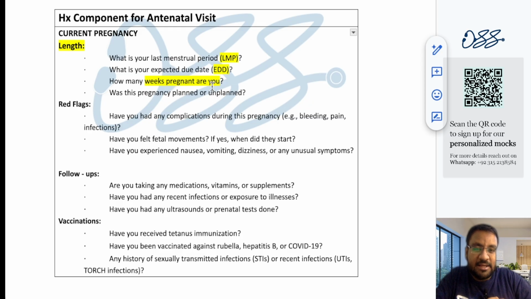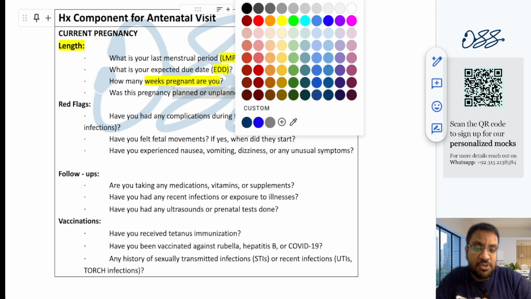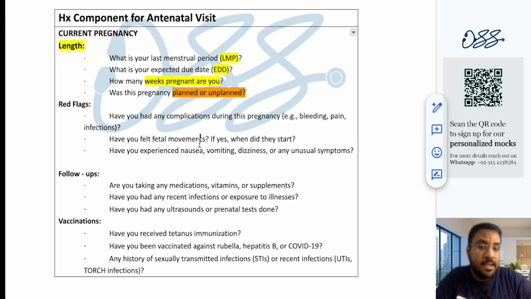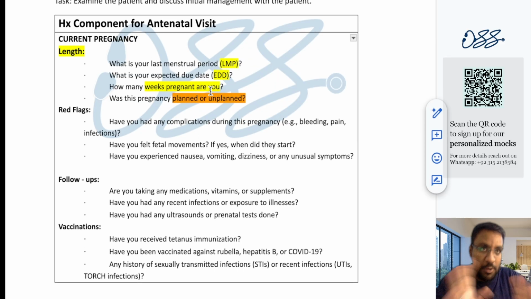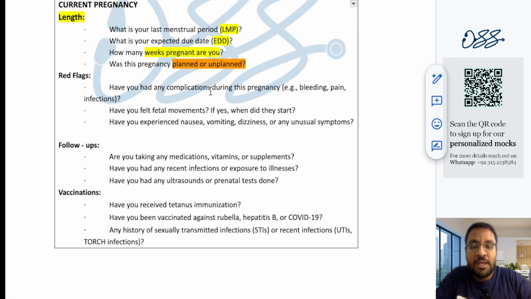You can just do some signposting as well, that okay, just want to ask a personal question just to develop a better understanding of your condition. Was this pregnancy planned or was it unplanned? So this question may also be relevant when you're exploring the current pregnancy. So this is what the length is, or the duration.